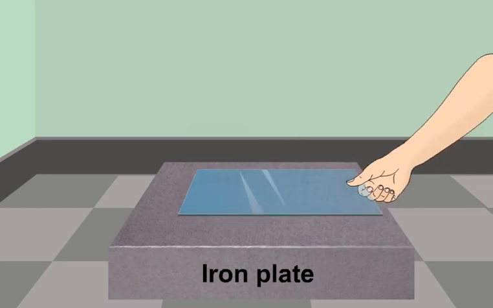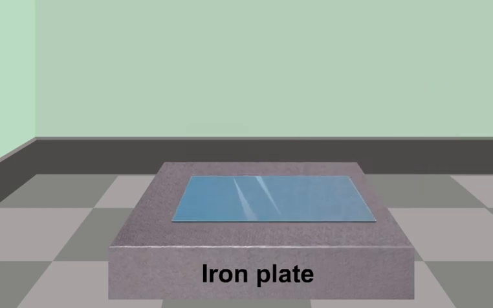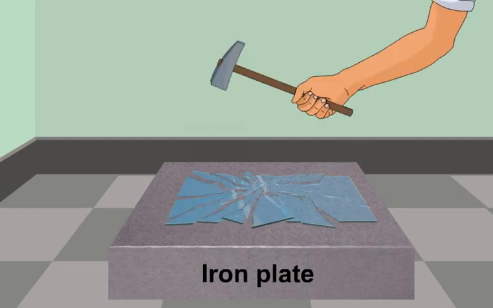Now, put the glass on a hard substance such as a stone or iron plate. Now hit the glass with the help of a hammer. Students, the glass may break into pieces.